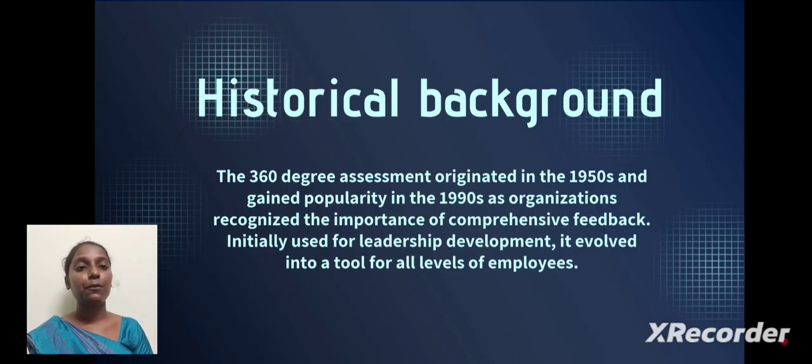So in the 1950s it originated, and in the 1990s many organizations implemented this idea into their working area. Next, it is helpful for their leadership development and also to evaluate all the levels of their employees.